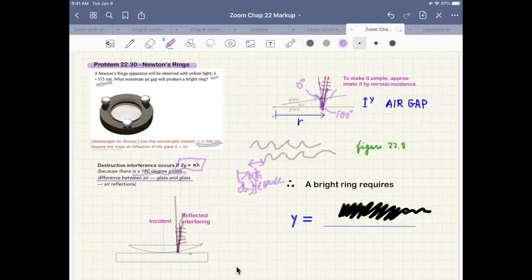So destructive interference has y equal to, let's say, lambda over 2.